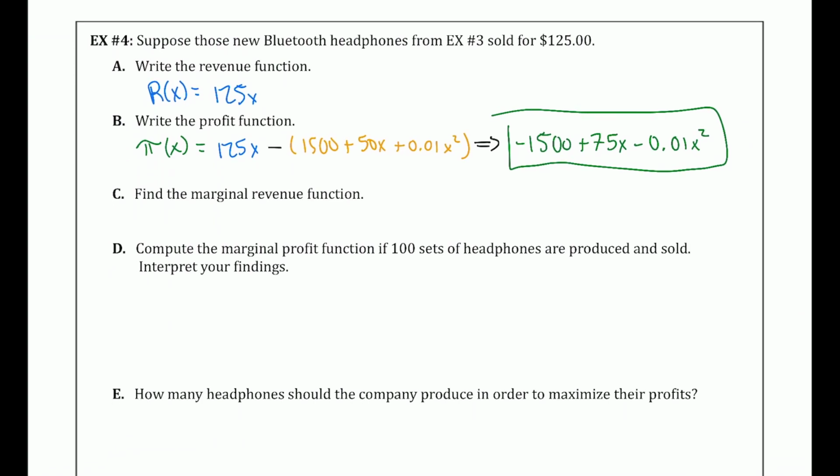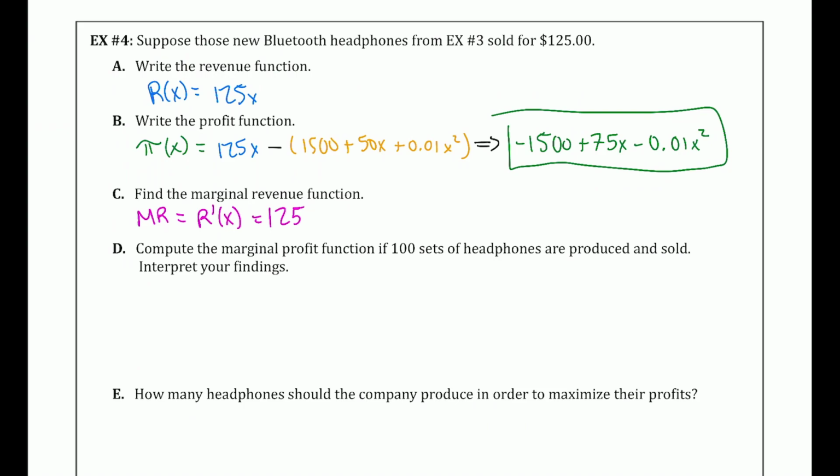If we wanted to find the marginal revenue function, the same way you find marginal cost is the same way you would find marginal revenue. Marginal revenue is simply going to be equal to R prime of X, right? So marginal cost was equal to C prime of X, and this is going to be equal to 125.